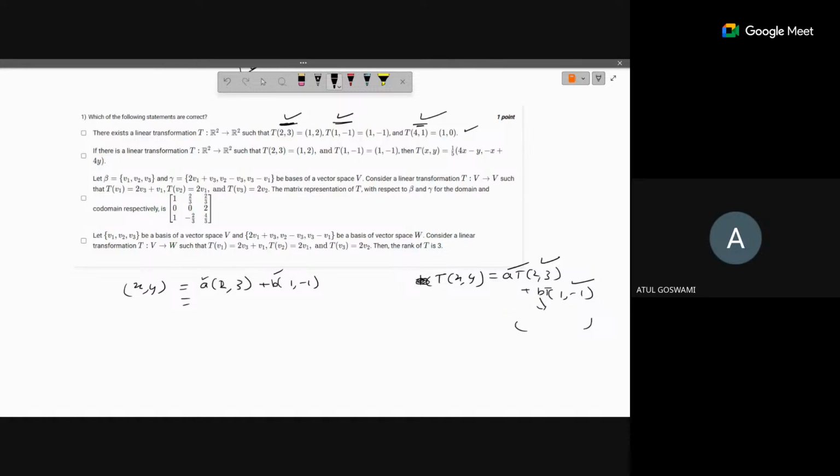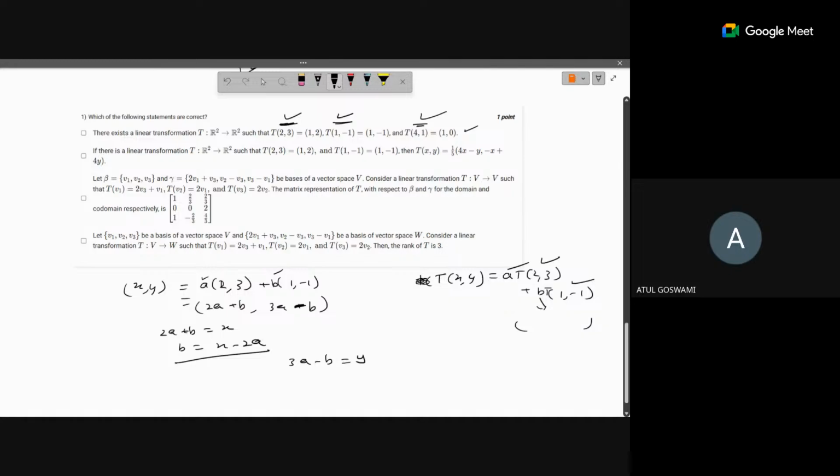Okay, so let's do (2a plus b, 3a minus b). This is (x, y). So 2a plus b equals x, so b is x minus 2a. Put this in the equation 3a minus b equals y.